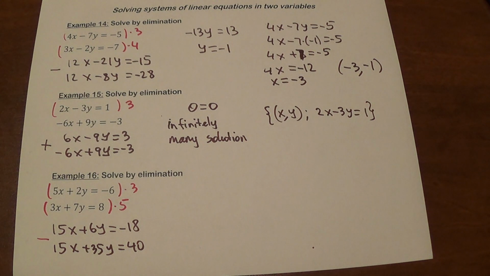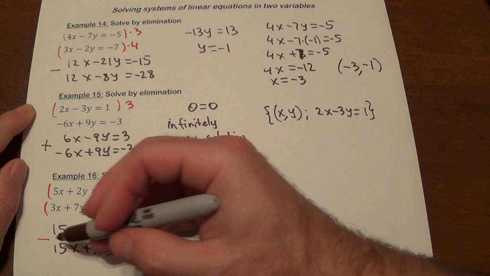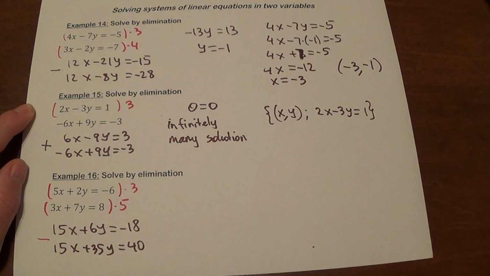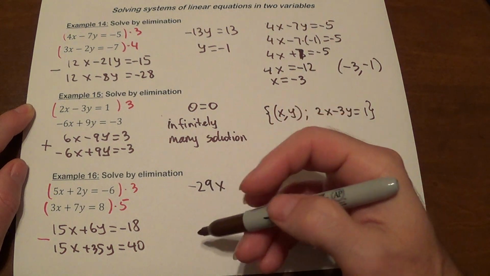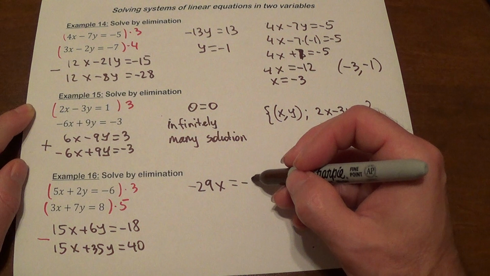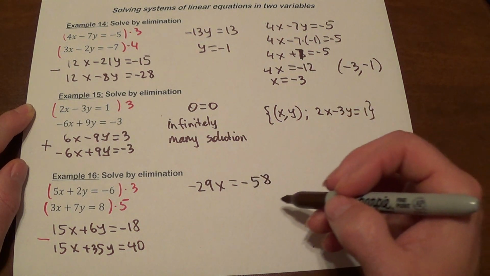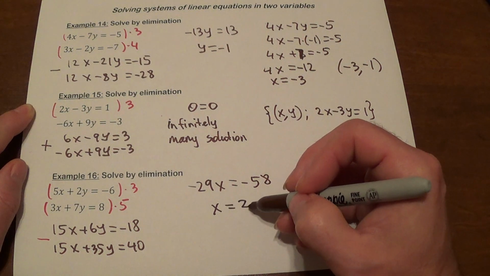So when I subtract that, 15x minus 15x gives me 0. 6y minus 35y will give me negative 29y. And negative 18 minus 40 will give me minus 58. So I divide both sides by negative 29, and that gives me y.